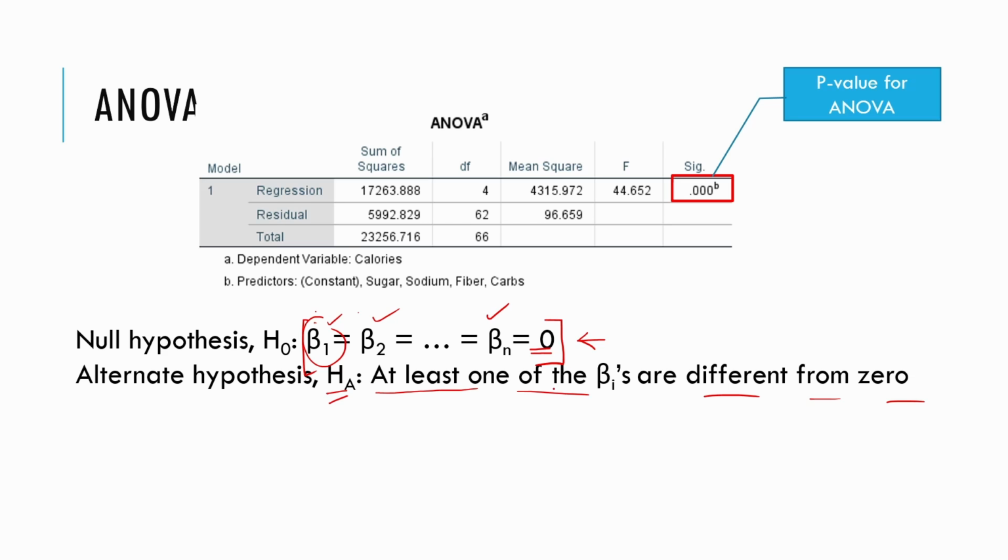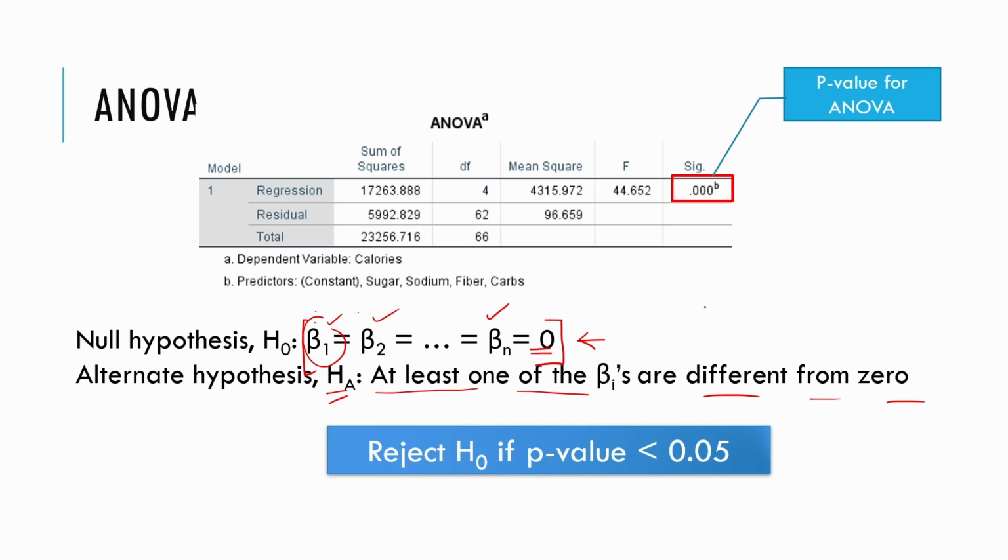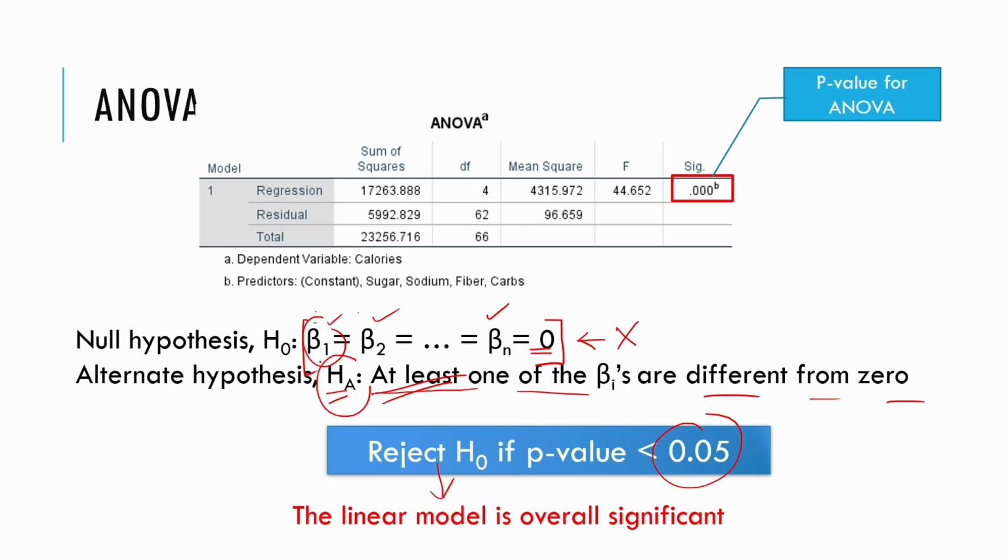So what is the conclusion then? Conclusion is, if you have a p-value less than 0.05, then at a 5% significance level you reject the null hypothesis. And what do you conclude by rejecting the null hypothesis? You conclude that the linear model is overall significant. So rejecting H0 means you are going with HA. HA means at least one of the beta i values is different from 0.